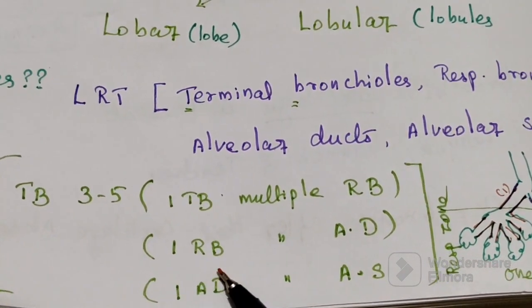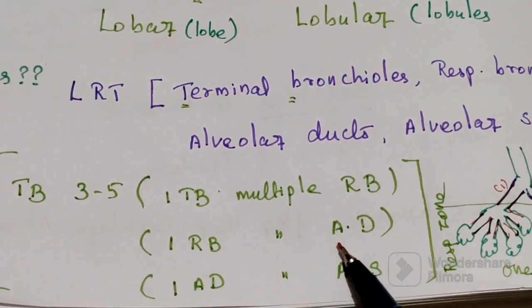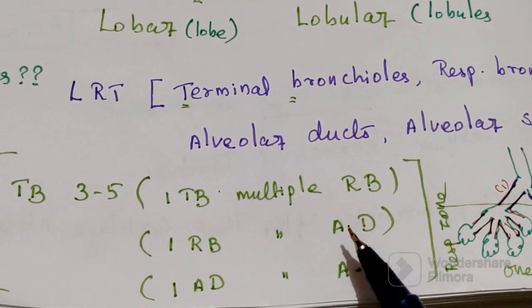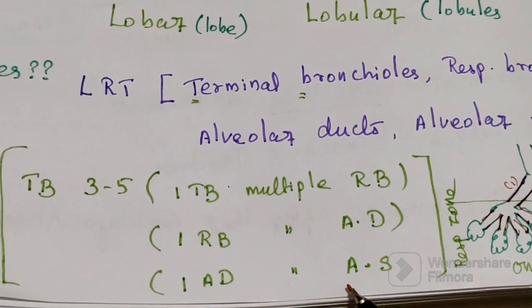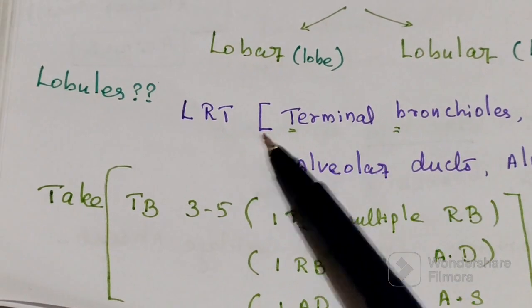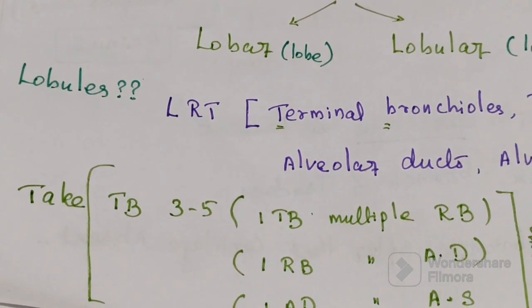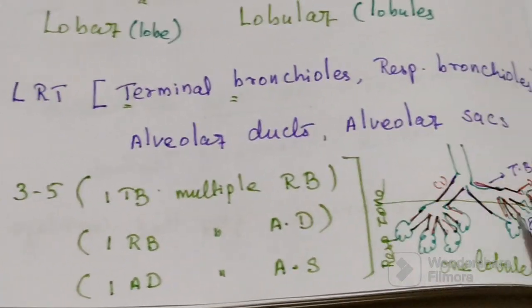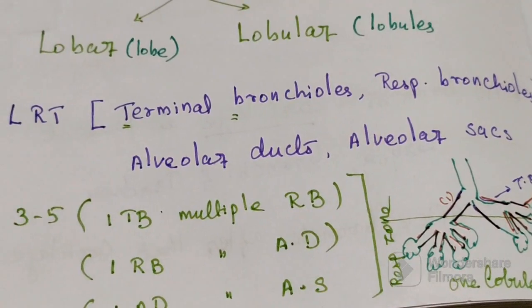One respiratory bronchiole has multiple alveolar ducts. Then one alveolar duct has multiple alveolar sacs. This whole thing is considered a lobule. When this is involved, it is called lobular pneumonia.